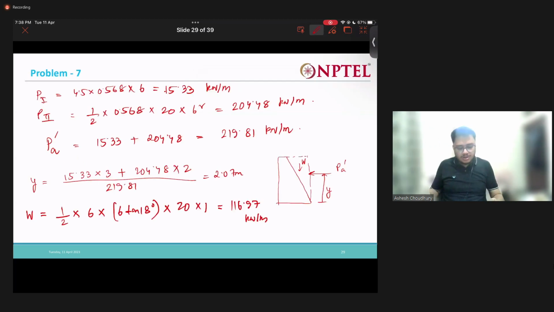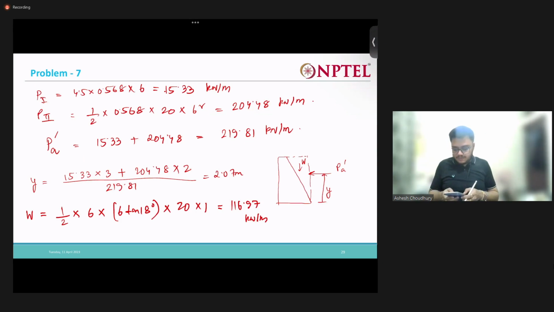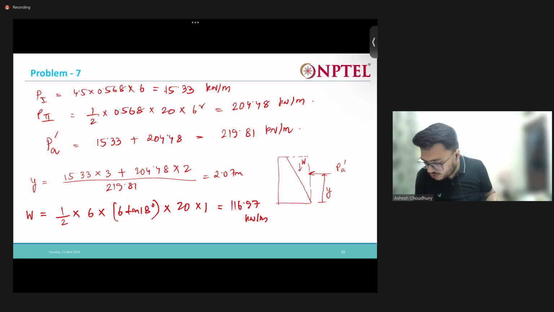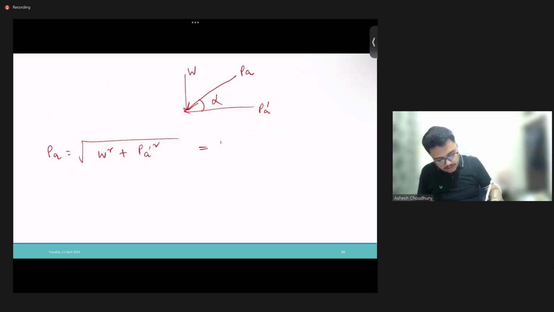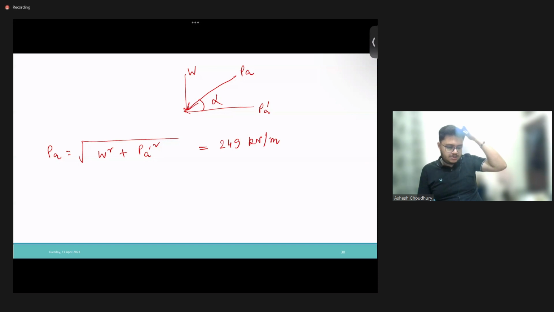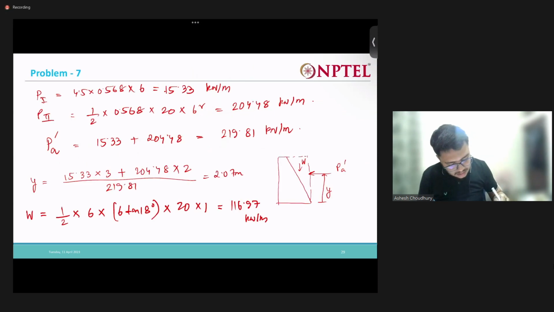W I know, PA dash I know. It is almost 249 per meter.